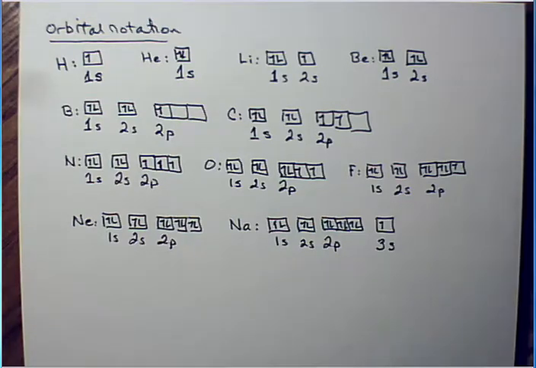Why don't you do magnesium? Now, while I'm talking about that, students often confuse magnesium and manganese. They are two different elements. Don't get them confused. Magnesium is capital M, little g.